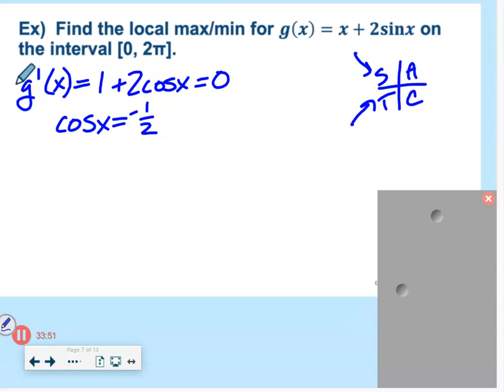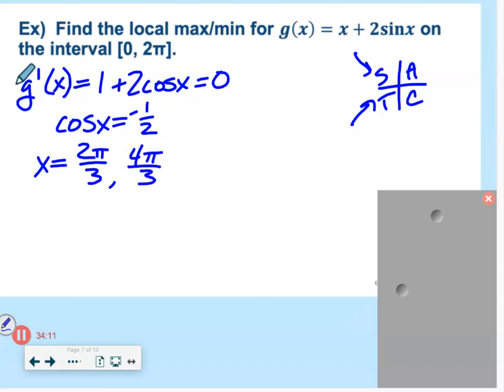So it's a pi third primary angle, but if I want the multiple in the second quadrant, I'd be at 2 pi thirds, and then in the third quadrant, I'd be at 4 pi thirds, because pi would be 3 pi thirds, right? So I get an x of 2 pi thirds and 4 pi thirds.